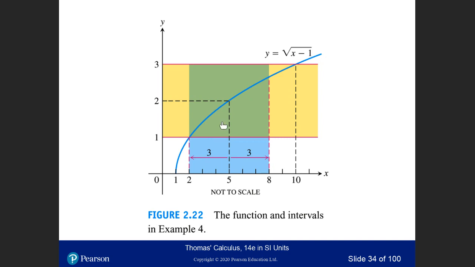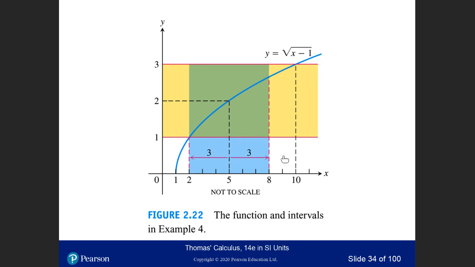f of x minus L, that's square root of x minus 1 minus 2, is less than the given epsilon. In this case, as you can see, epsilon is equal to 1. Now, on the right-hand side, though, I have an interval of length 5. And if x is here, then I'm in this region again. f of x minus L less than epsilon again.